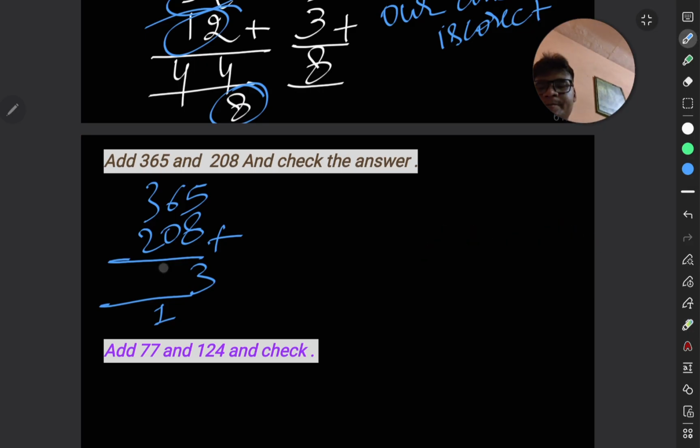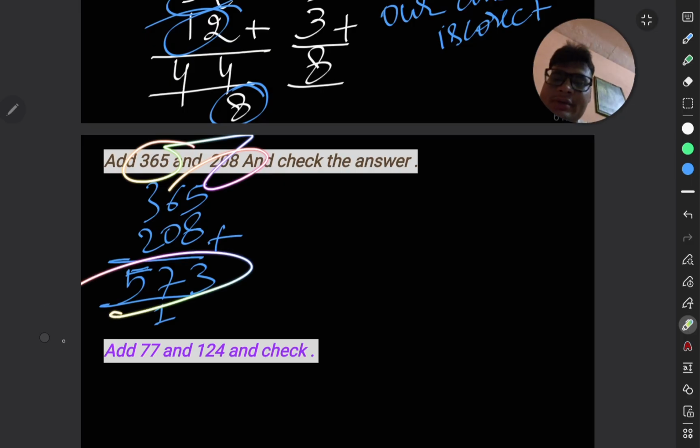So we will write 7 here. Next digit is 3 plus 2, which will be 5. So here is the answer of the question. By adding these two numbers we get 573.